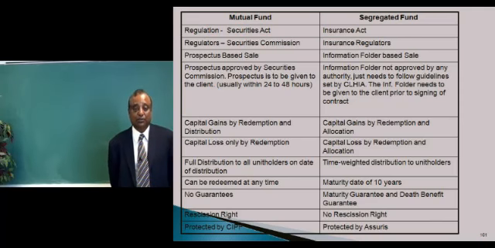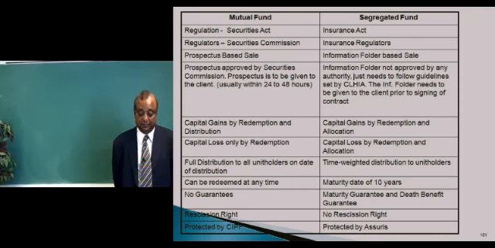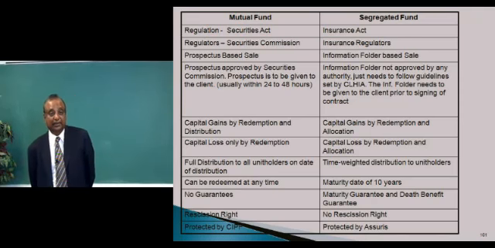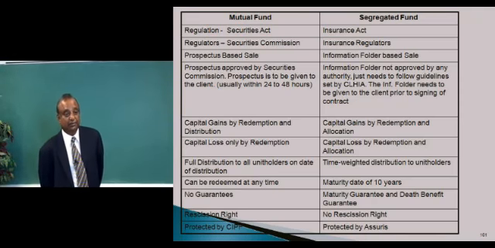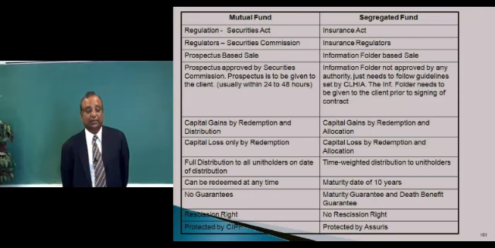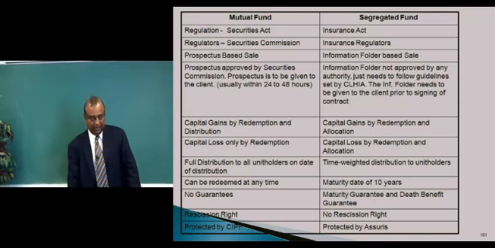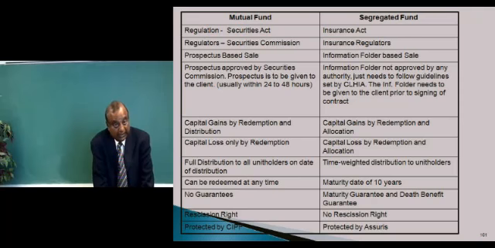Capital losses are also allocated by a seg fund. And when a seg fund makes a distribution, it makes a time-weighted allocation. That means it calculates the daily allocation, and if somebody has held it for 1 month, he'll get 30 times the daily allocation. If somebody has held it for 6 months, he'll get 180 times the daily allocation.